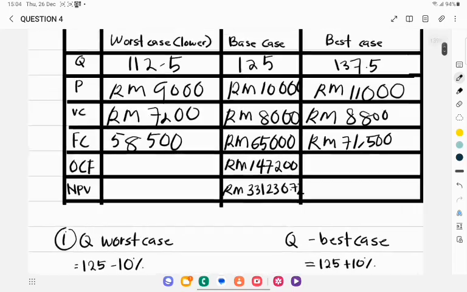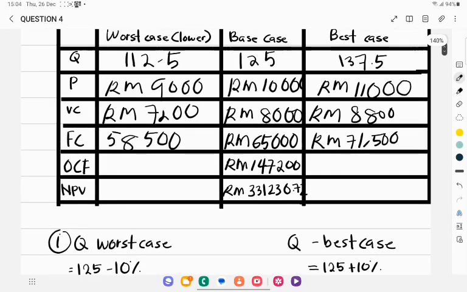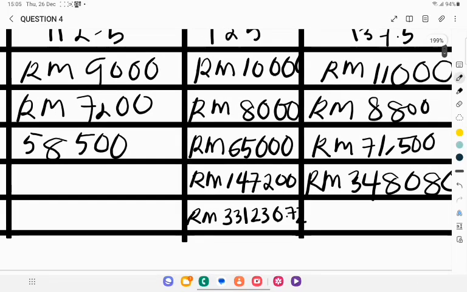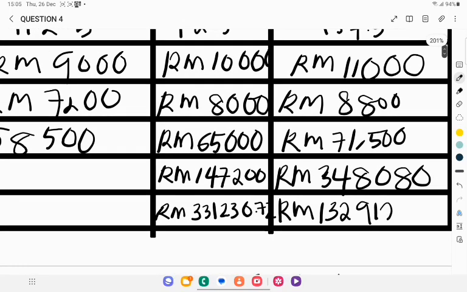So for the best case, the OCF is 348,080. For the NPV, 1,629,122.208.